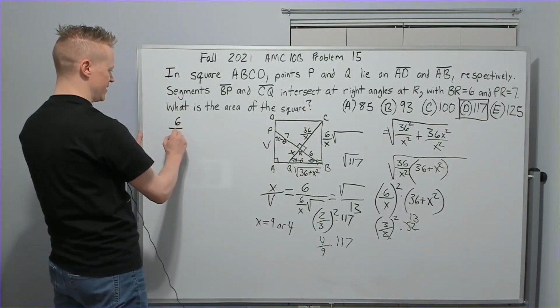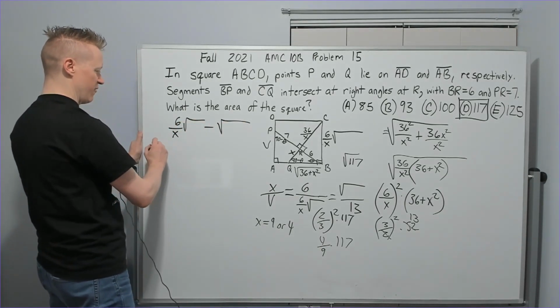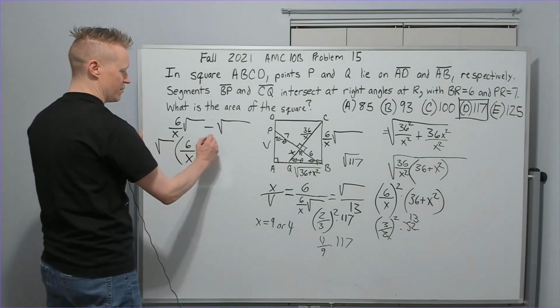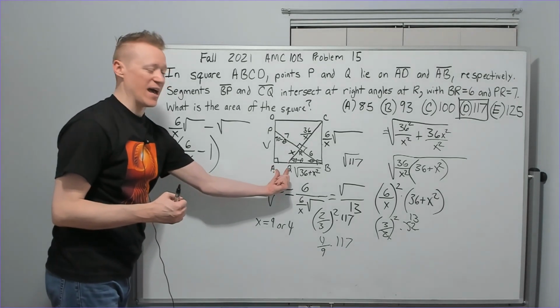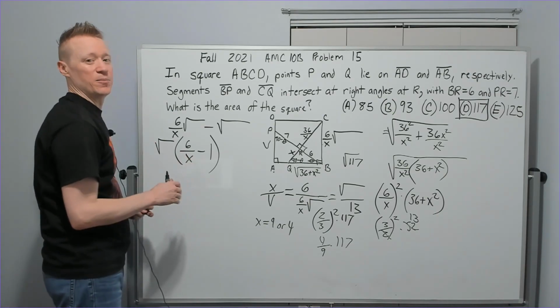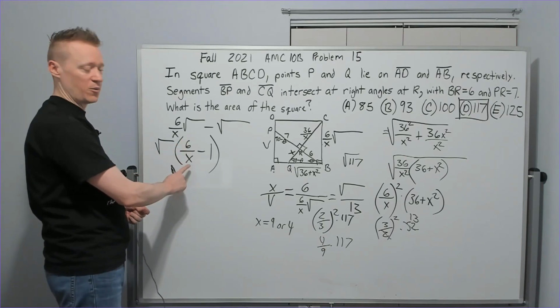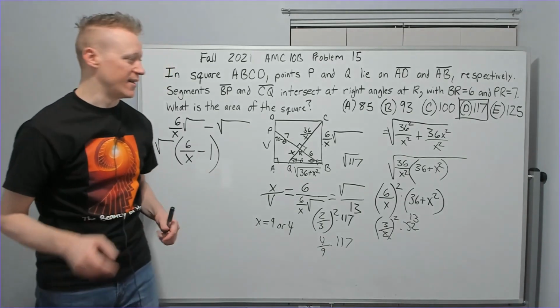So you would have 6 over x times that square root minus the square root. Now if you factored out the square root, you would have 6 over x minus 1. If you put a 9 here, you're getting a negative value for this. That doesn't work, and that's why 9 is not going to be a viable value. And it has to be 4, which gives you a value more than 1. And then when you subtract, it's positive. Now we're really done, and we're moving on.